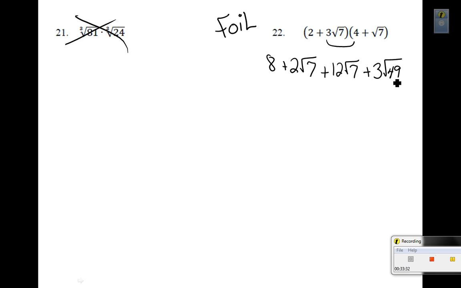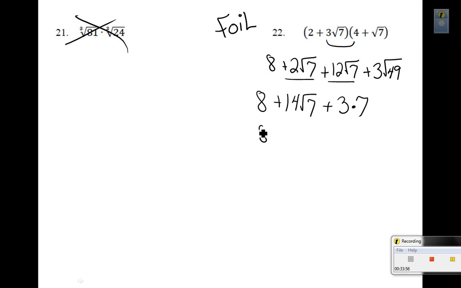Hey, now go through and reduce anything that we can. Here's an 8. I'm going to combine these because they both have a square root of 7 in there. And I'm going to get 14 radical 7. And then this piece becomes 3 times square root of 49 is 7.